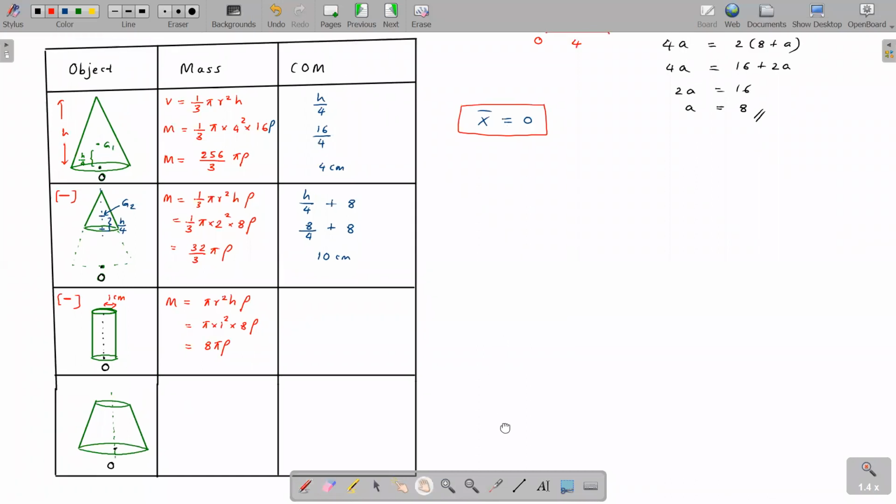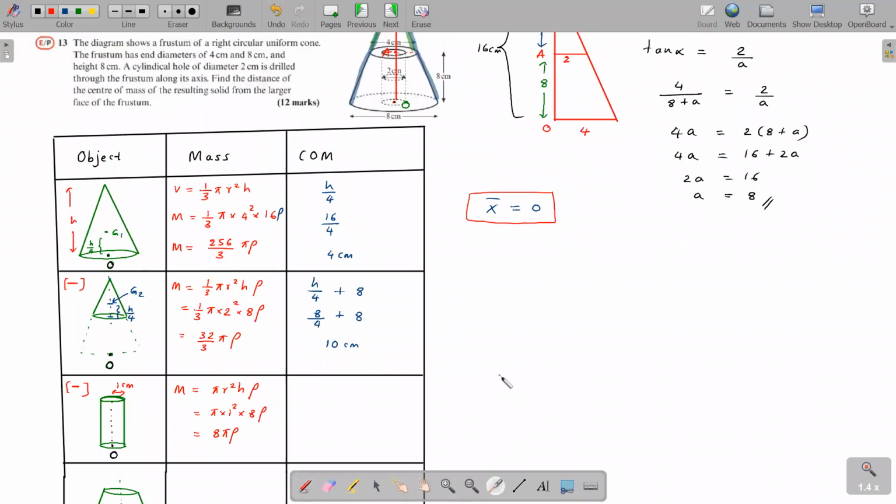And then the center of mass, measured from O. You don't need any special equation for the cylinder. For the cone, we had the equations 3h over 4 and h over 4, and even for hemispheres we have such equations. But I told you at the very beginning that a cylinder is a symmetrical object, with several planes of symmetry. Therefore, the center of mass of a cylinder is exactly in the middle of the height.